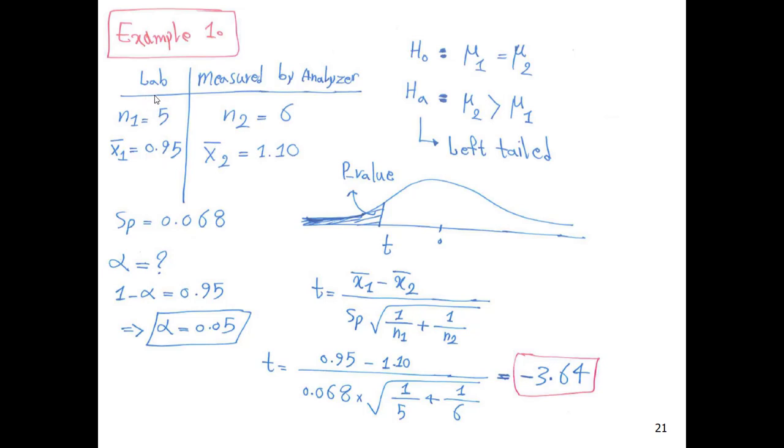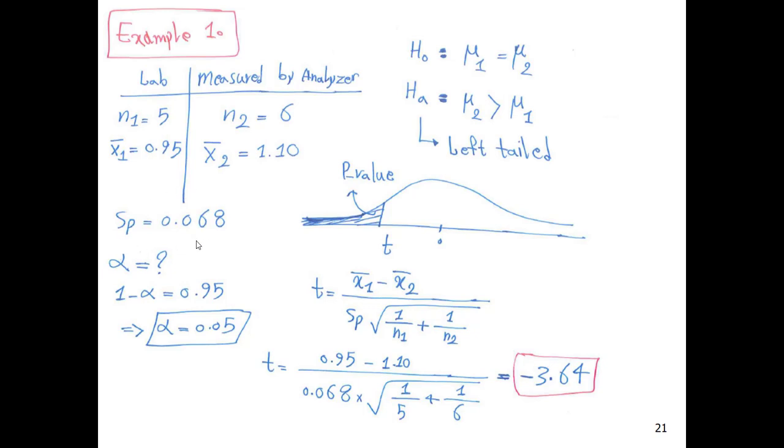So we have the lab measurement and the analyzer measurement. For the lab measurement, I have 5 data points, and the mean is 0.95. For the analyzer, I have 6 data points. The mean is 1.1. The S pooled is already given to you.